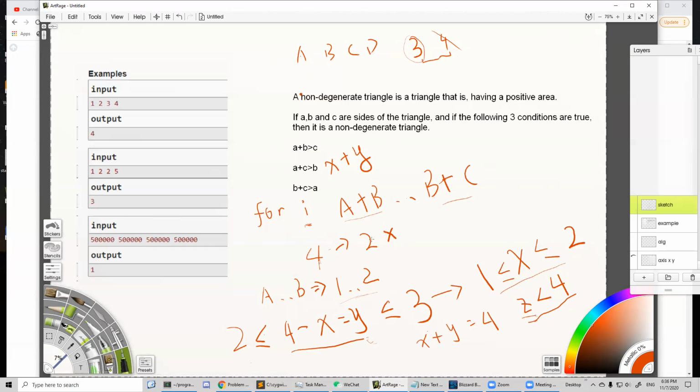So we multiply the number of possibilities of x by the number of possibilities of z, which is 1. So the total possibilities of I equals to 4 is 2, right? And we are going to iterate all the possibilities of I and add the final possibilities to the answer, right?